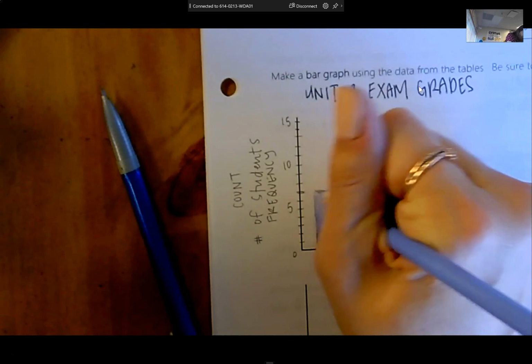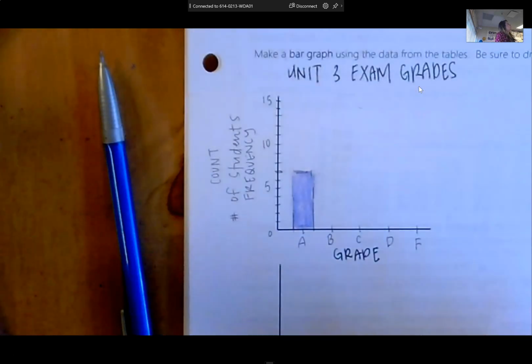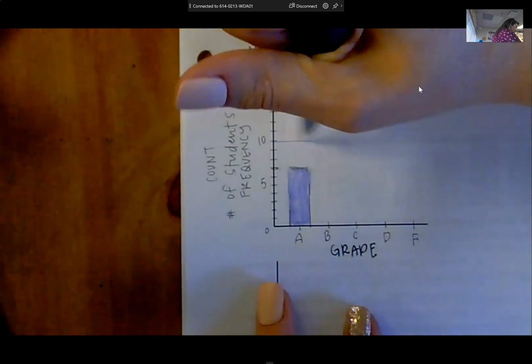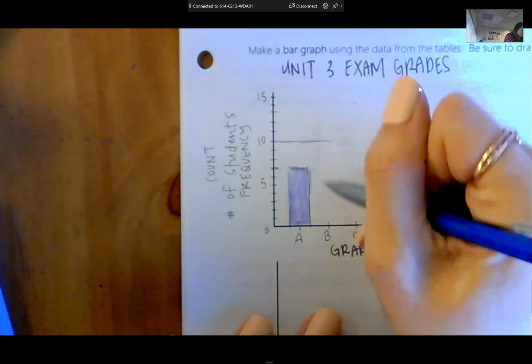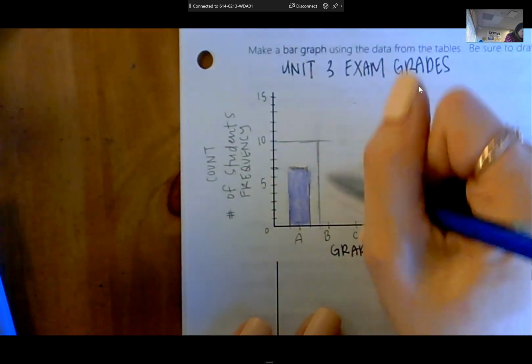Now this next part is extremely critical. When you go to do the bar for the number of kids that got a B, they cannot touch. So you're going to have 10 kids there, but your bars, no touchy.